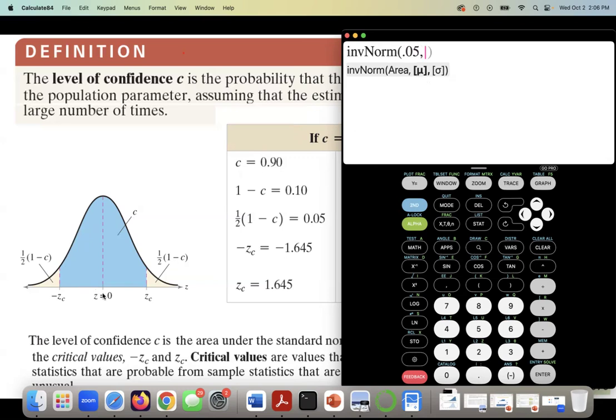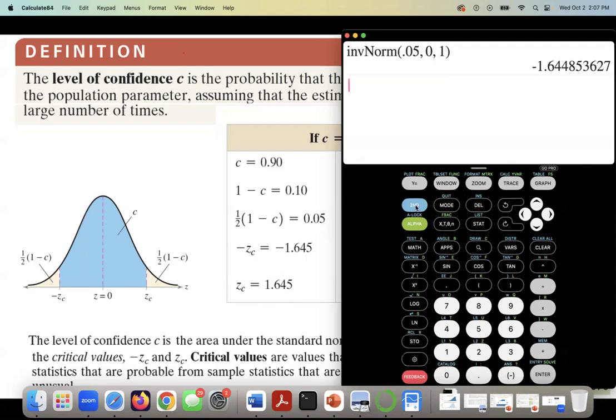The mean of the z-score is always 0, so enter 0. The standard deviation of the standard normal distribution is always 1, so enter 1, and then enter. As you can see, I get the negative number on the left-hand side. The positive one is 1.645, which is located on the right-hand side. So that's how you calculate your critical value.